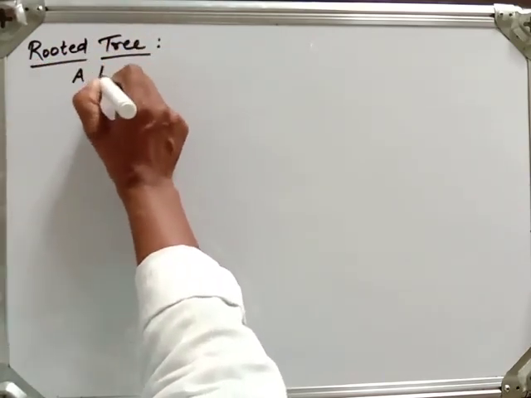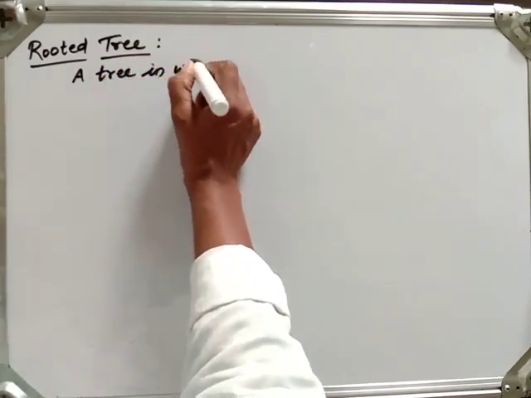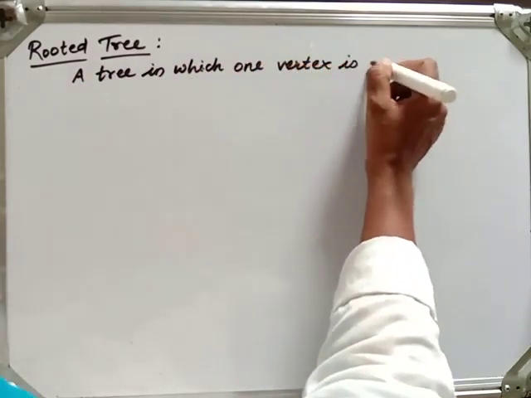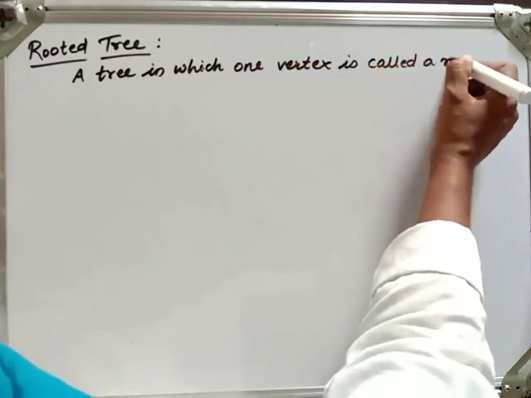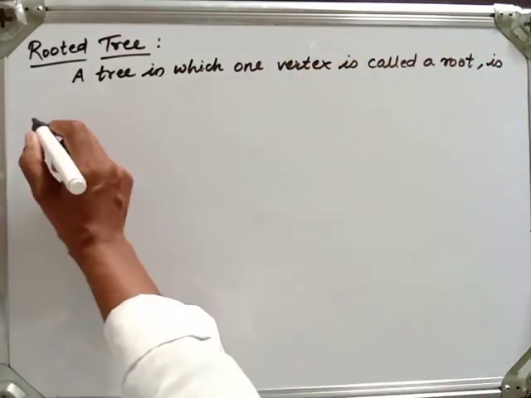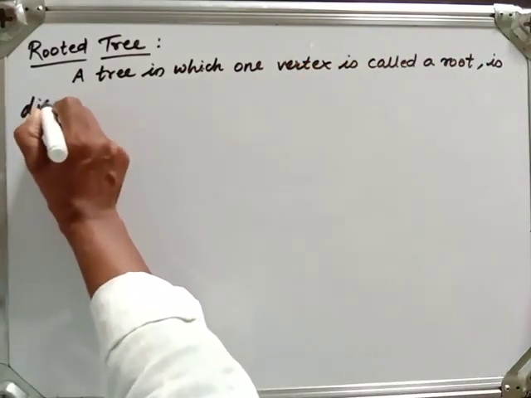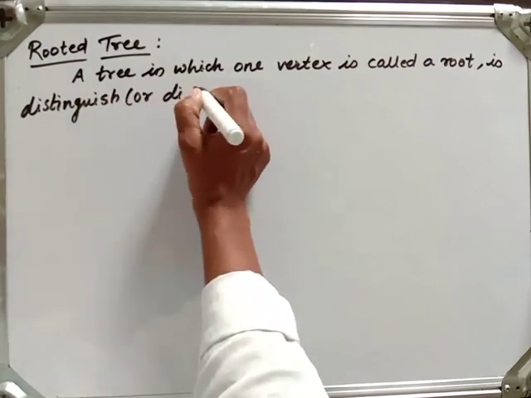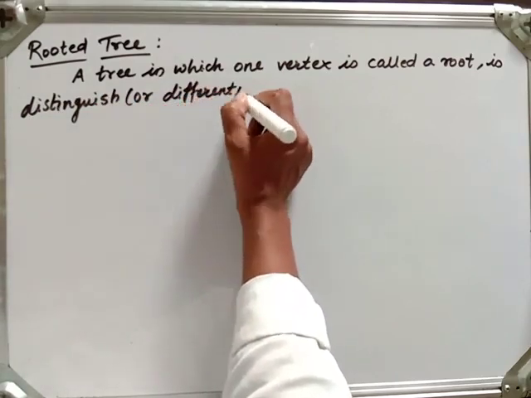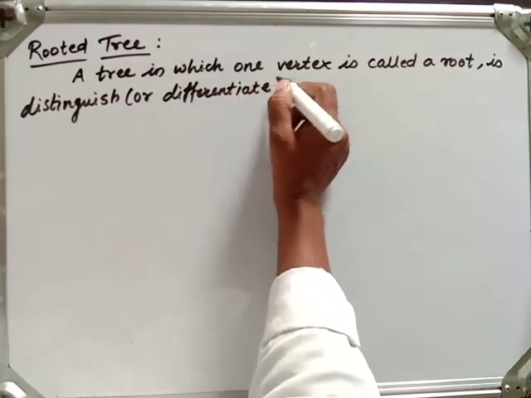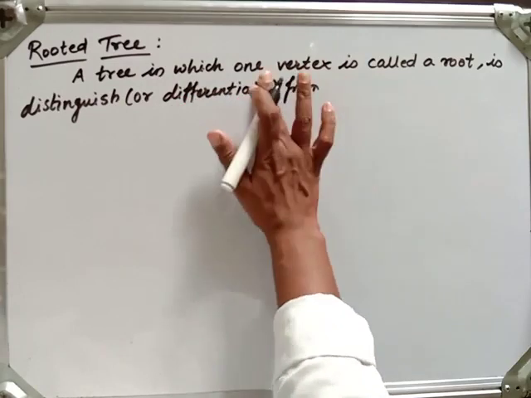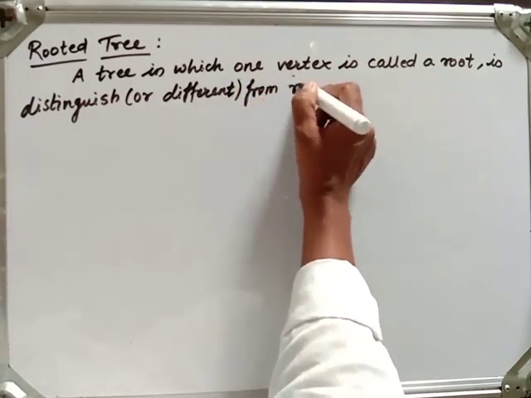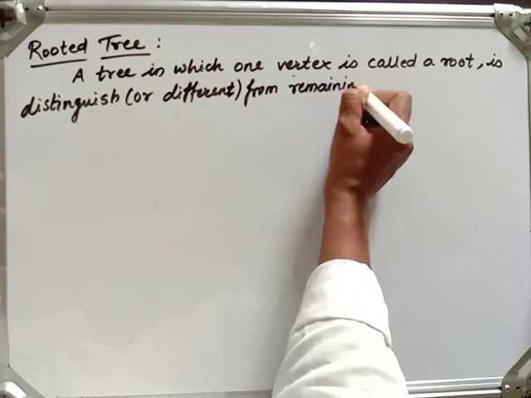A tree in which one vertex, called a root, is distinguished or differentiated, or simply different from the remaining vertices.